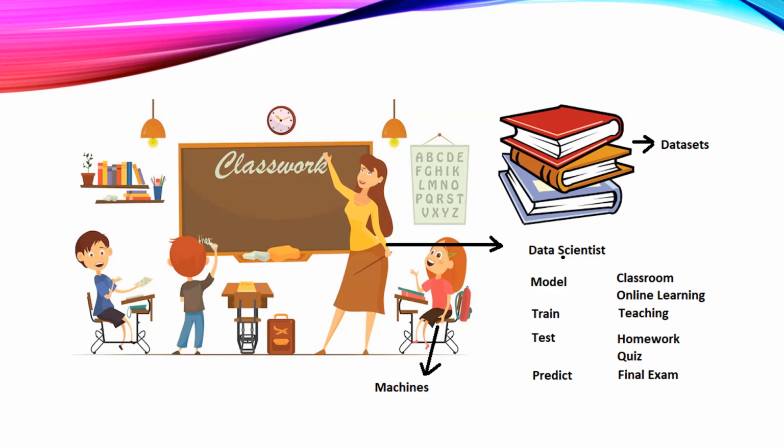So that is an example of how I can relate machine learning to a classroom. So these are the words you will be learning a lot: one, data sets; second, the model, training a model, testing a model, and finally deploying a model. That's the whole machine learning process. So just to give you an understanding. Okay.